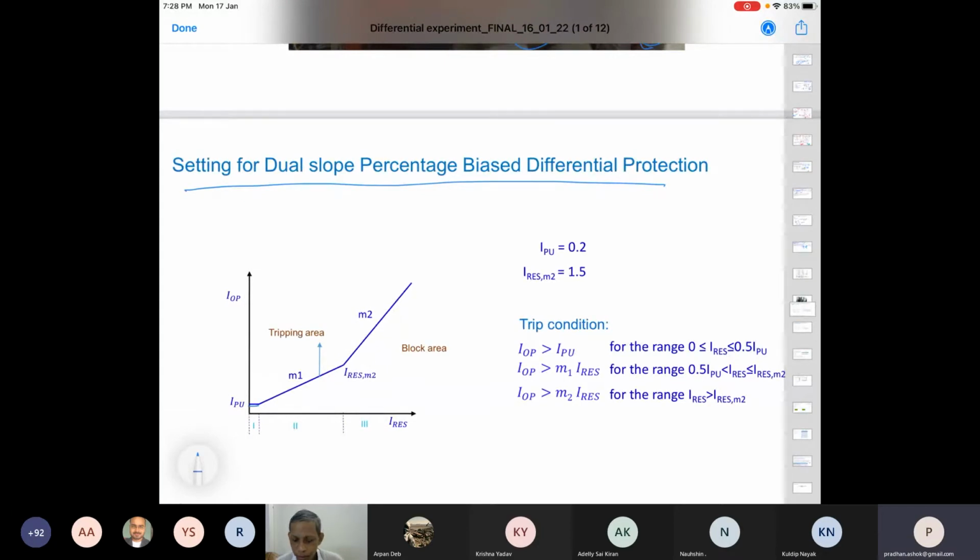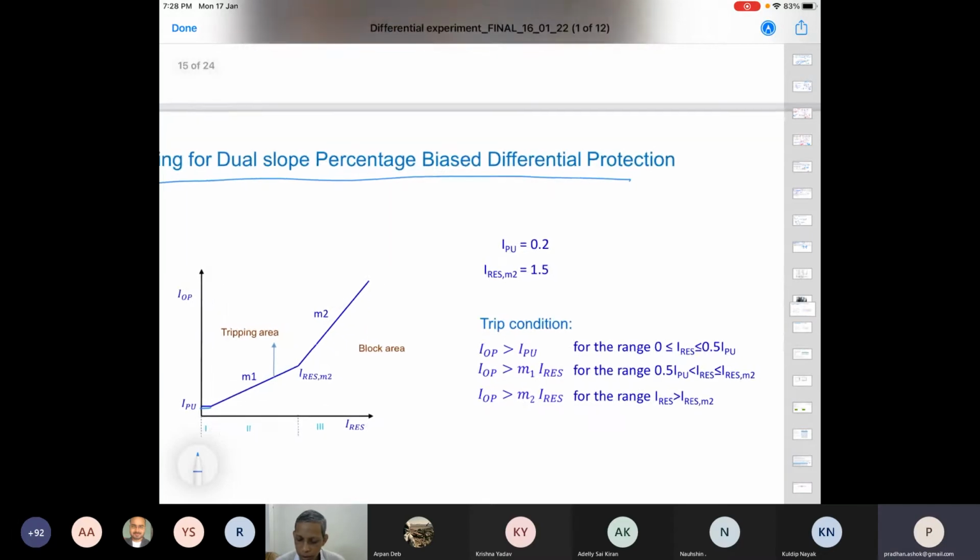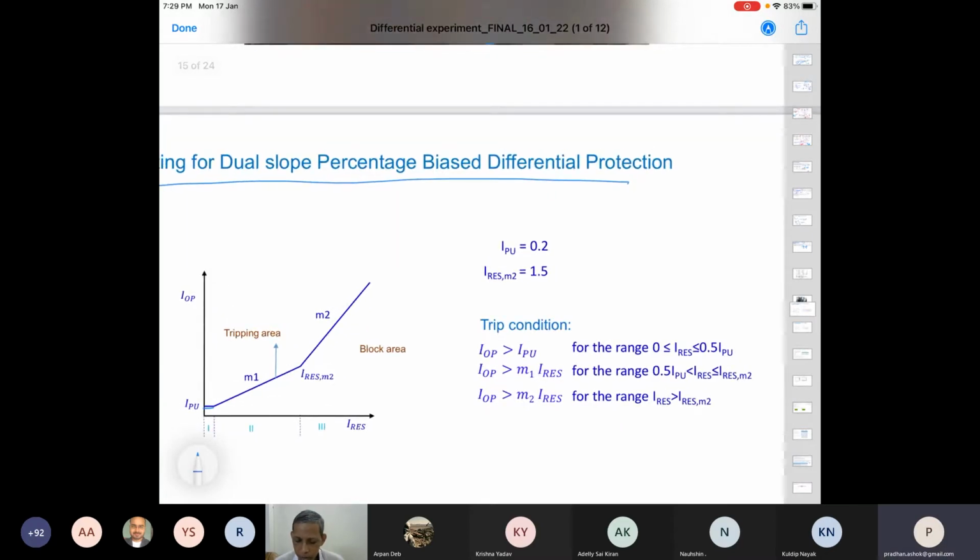As far as the standard relay MICOM P634 is concerned, this IP is 0.2, which means 20% of the rated current. If the rated current is 100 ampere, then it is 20 ampere, or 25, 30, depending on this. I restraining M2, this is 1.5.